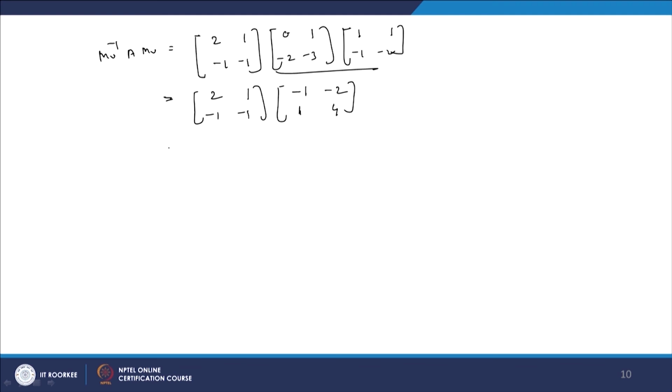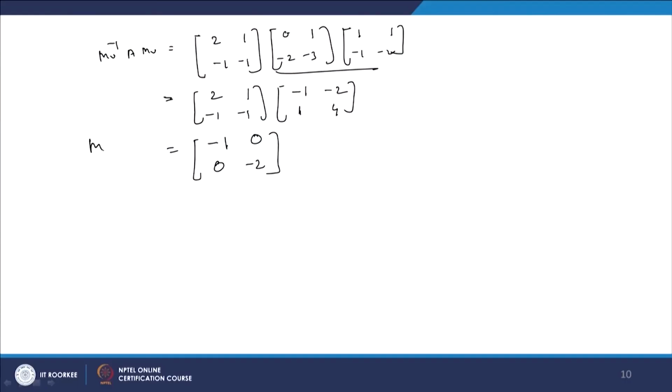Now, again we cross multiply. So, 2 multiplied by minus 1 and 1 multiplied by 1, so we will get minus 1. Then 2 multiplied by minus 2, minus 4, 1 multiplied by 4, plus 4, so we get 0. Then here minus 1 multiplied by minus 1 gives 1, and minus 1 multiplied by 1 is minus 1, so plus 1 minus 1 gives 0. And similarly here minus 1 multiplied by 2, and here minus 4, that is 2 minus 4, we get minus 2.